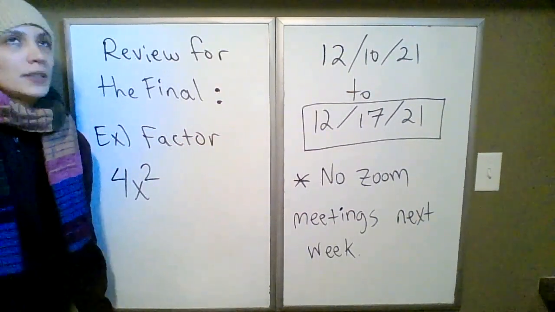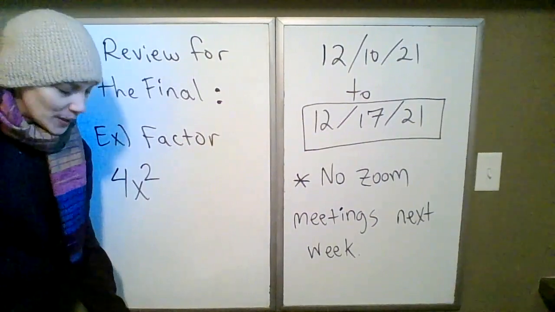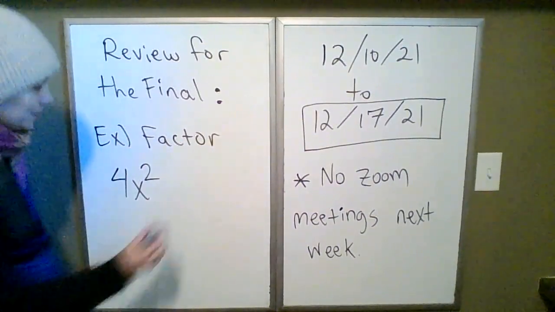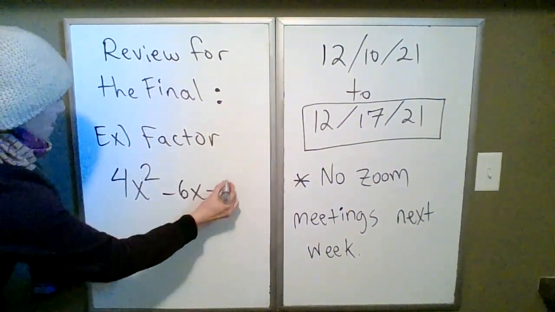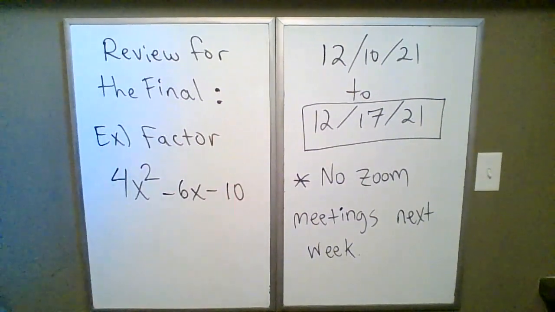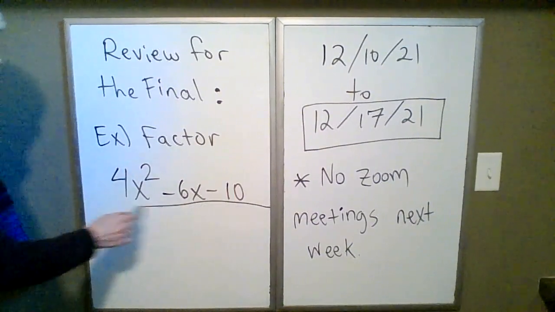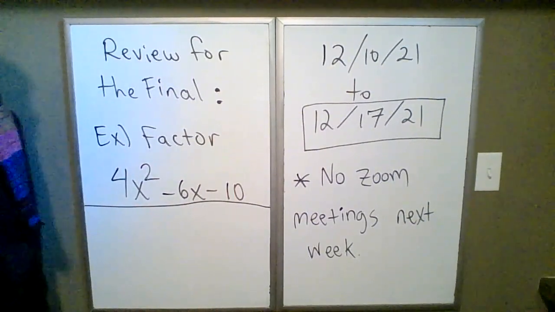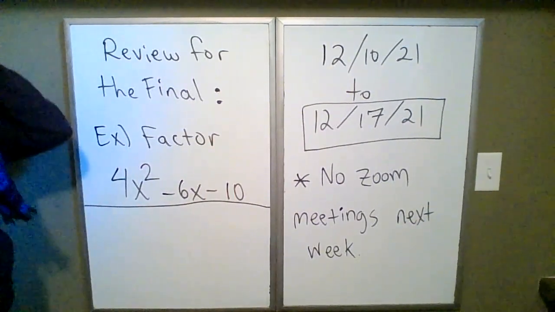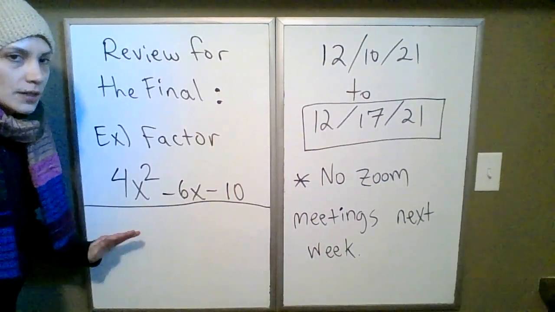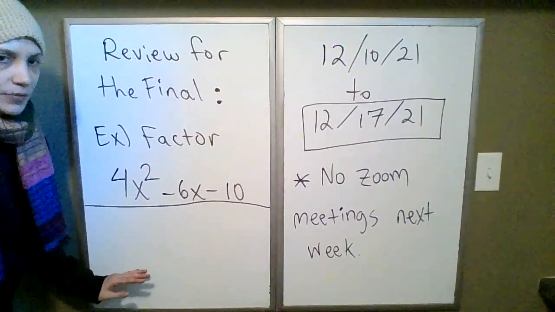Yep, 4x squared minus 6x minus 10. I suggest starting with taking out the greatest common factor.